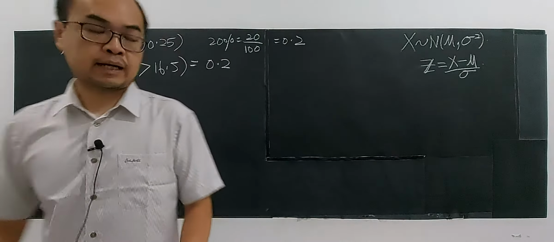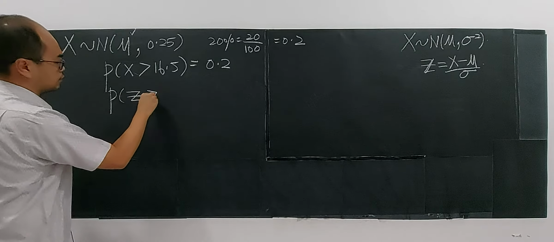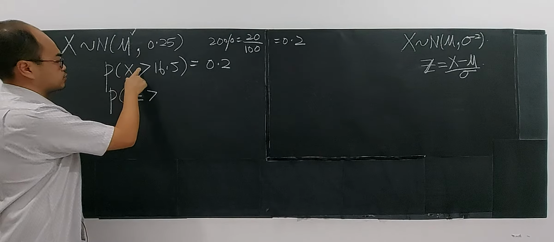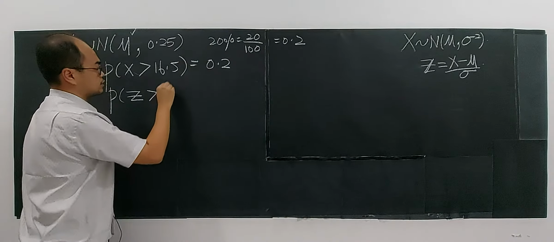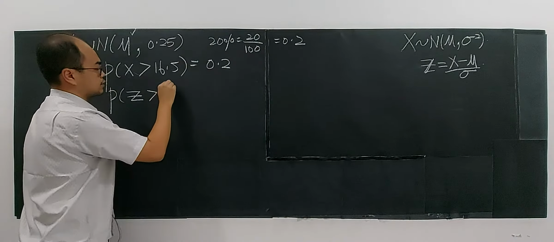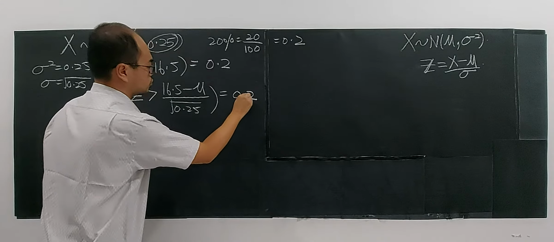So for this side also, 16.5 minus the mean, divided by the standard deviation. The variance is 0.25, so the standard deviation is the square root of 0.25.